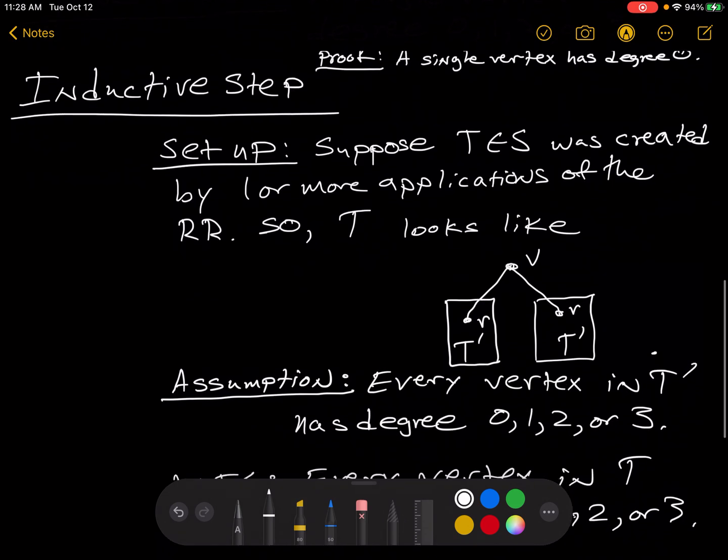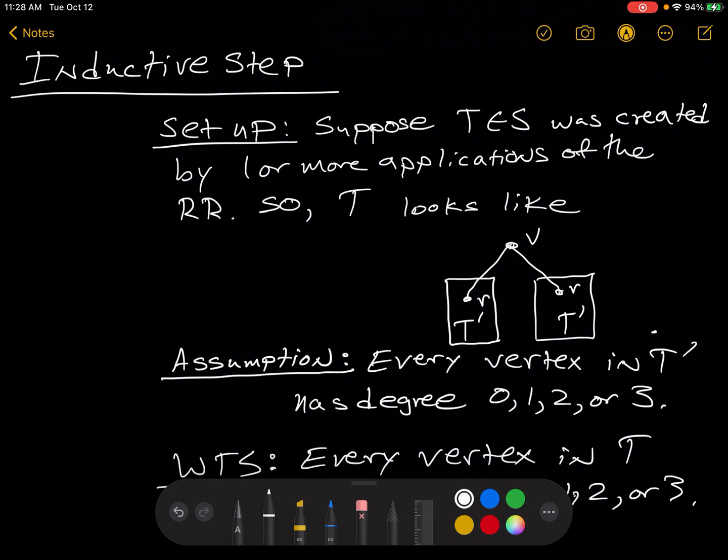So in the inductive step, we're saying, suppose T was created by one or more applications of the recursive rule. So what does T look like? T looks like this. It's good to have a drawing of what T looks like, because then you can use that later. Now our actual assumption is that T prime, the thing used to create T by applying the recursive rule, has the property. Remember, the property is that every vertex has degree 0, 1, 2, or 3.